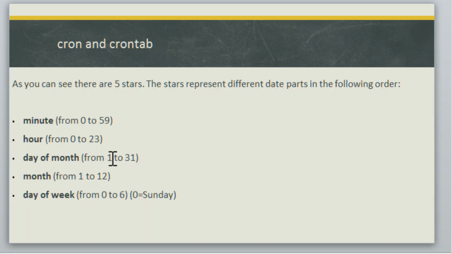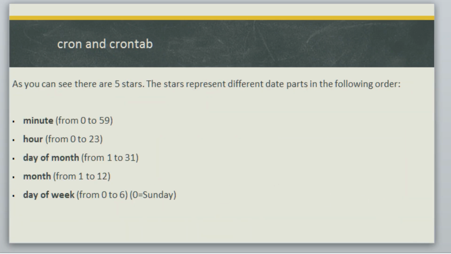So when I put 1, it's just going to default to the first Tuesday of the month. And I said the month February, so we're going to put 2. And then the day of the week, which would be 2. 0 is Sunday, 1 is Monday, 2 is Tuesday.